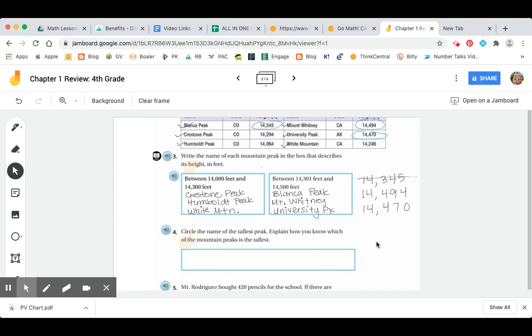All right, so now I'm going to compare the tens column, and I have a 9 and a 7. So the one with the 9 is the greatest number because the rest of the digits up ahead were all the same. So that means this one's out and you are it. So this number, 14,494, went with Mount Whitney. So Mount Whitney is the tallest.